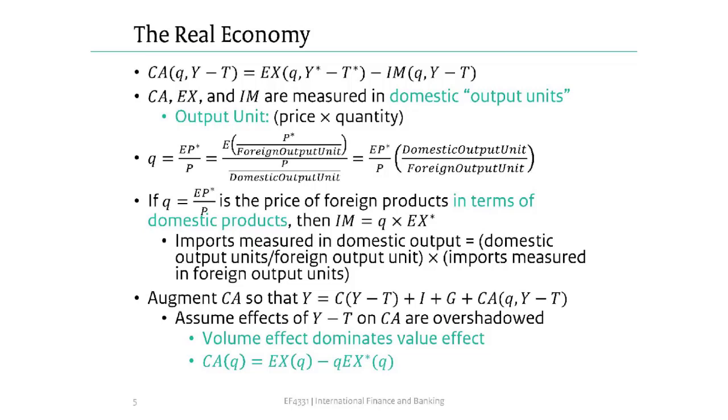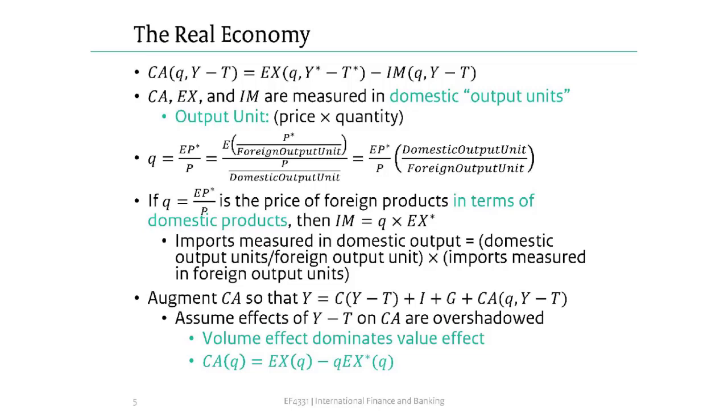Just think about what P represents, right? It's the price if you want to buy one theoretical unit that represents a basket of goods and services for the domestic country. Okay, so P, therefore, you can think of as price per domestic output unit.